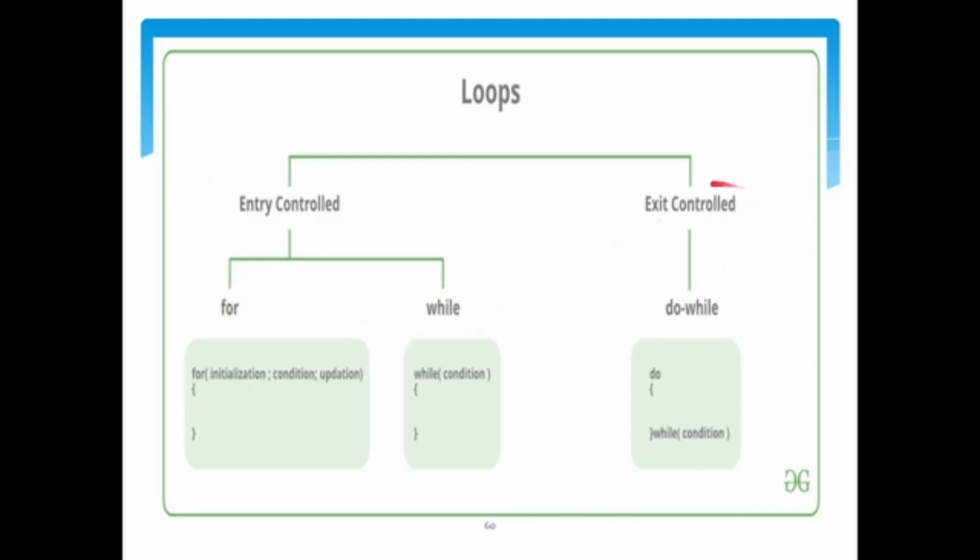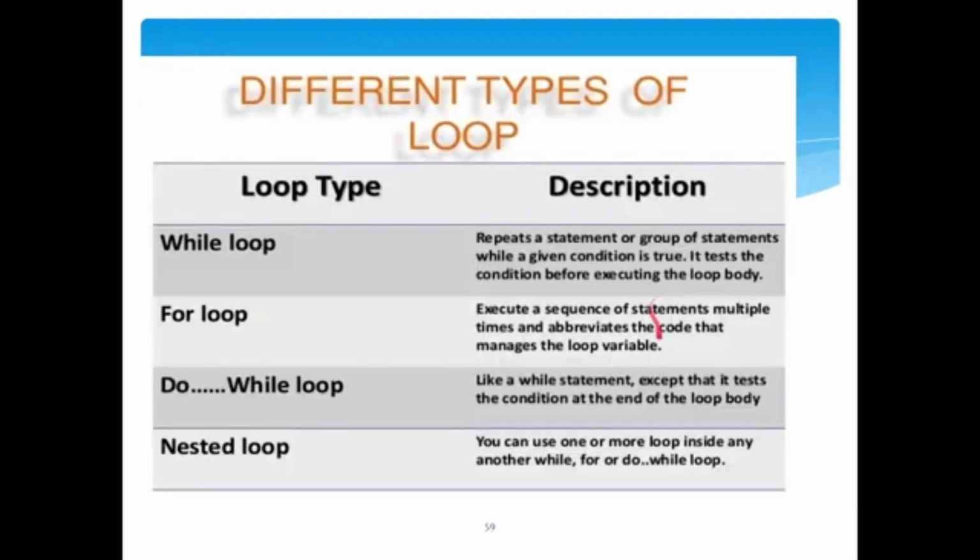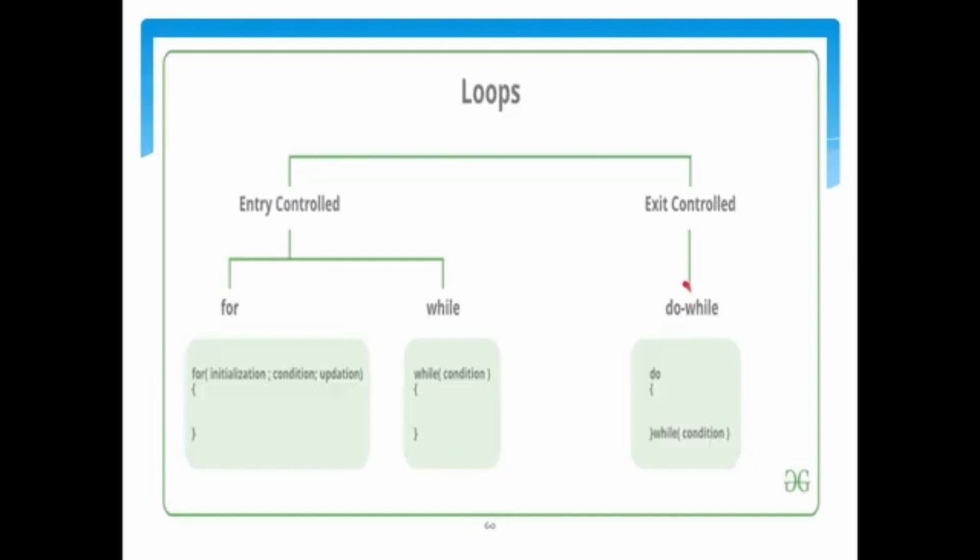Whereas for exit control, you can take the example of do while. Inside do you add a block of statements, but at the end the condition will be checked. It tests the condition at the end of the loop body. So do while is exit control, nothing but at the end it checks for the condition.